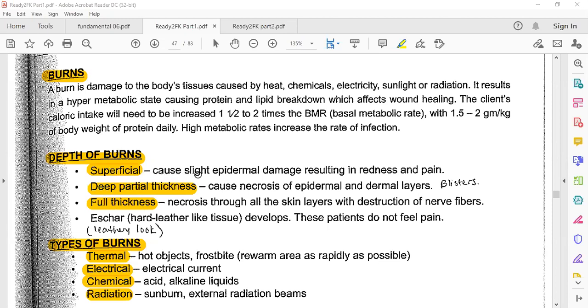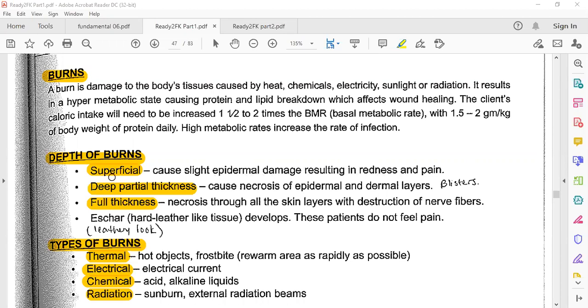It causes slight epidermal damage resulting in redness and pain. The most outer layer of the skin is called the epidermis. So in a superficial or first degree burn, damage occurs in the epidermal layer.